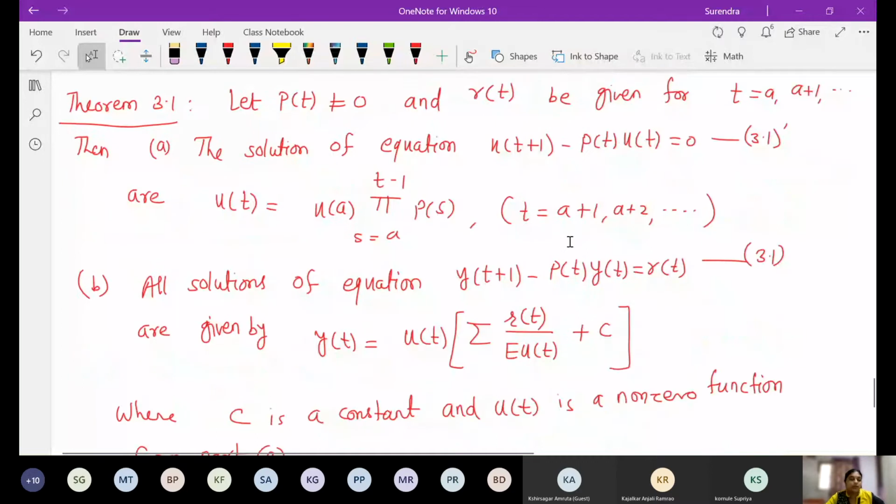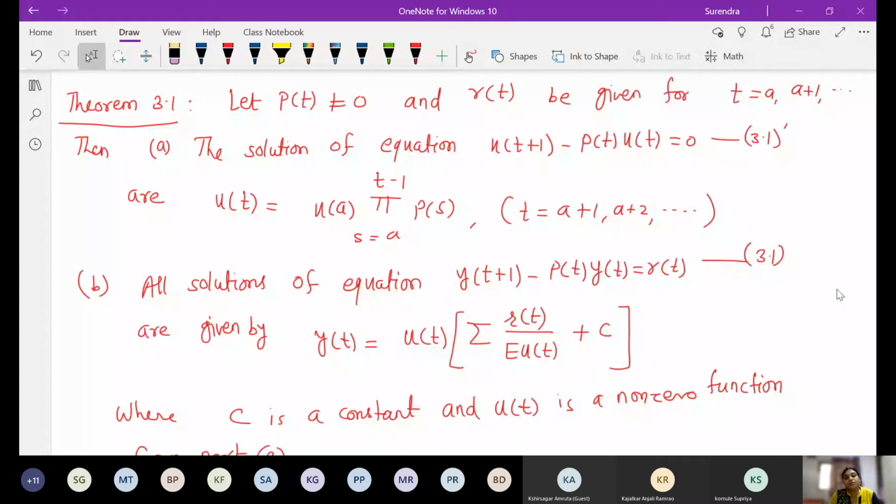What is the theorem we want to prove now? Please go through it once. P of t is a non-zero function, r of t is a given function for t equal to a plus 1 and so on.